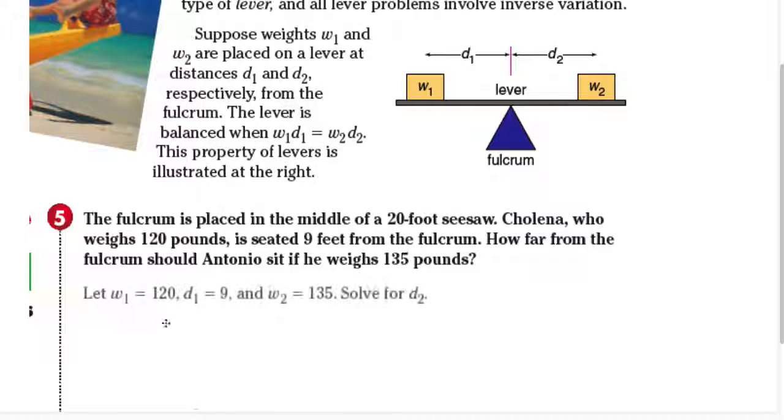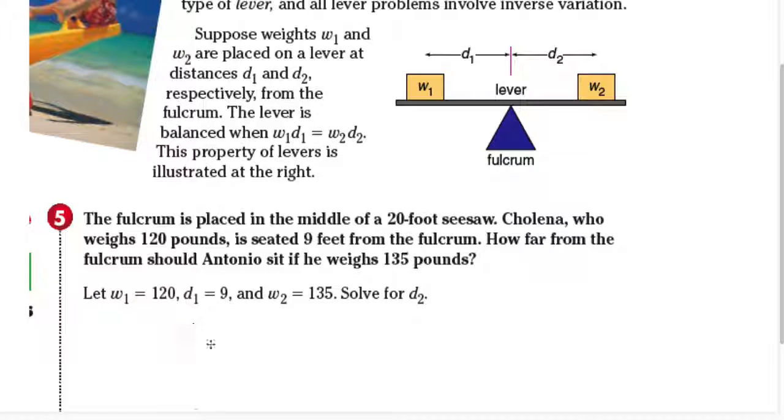Let's define our variables. Let W sub 1 be equal to 120, which is the weight of Colina. D sub 1 is the distance of Colina, which is 9 feet from the fulcrum. W sub 2 is Antonio's weight, and we want to find the distance of Antonio from the fulcrum so that the seesaw will be balanced.